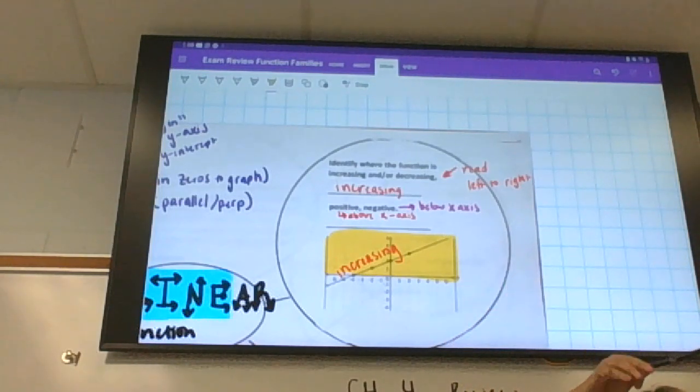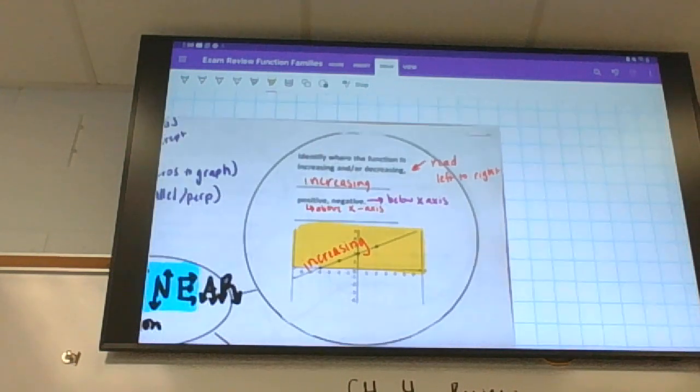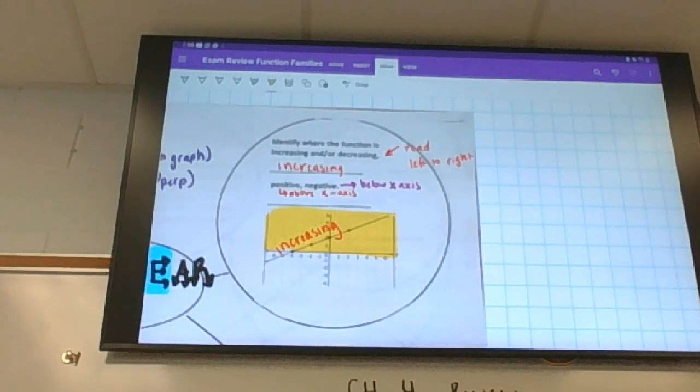You'll need to identify at what point it switches. When does it switch from positive to negative? At -1. Oh, I wrote +4 last class. Dang it. Yeah, it switches at -4.